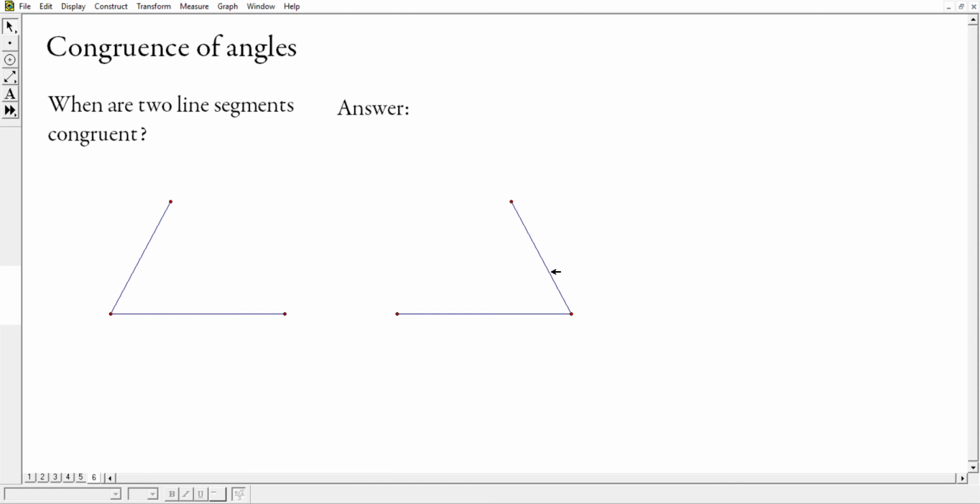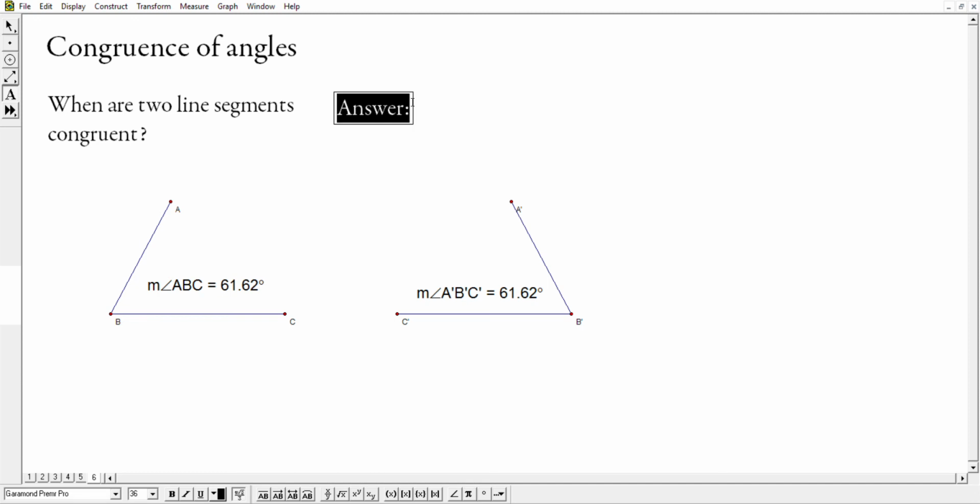Now, these 2 look like they have the same number of degrees, the same amount of turn going from here to here. And I can actually ask Sketchpad, the piece of software I'm working in, to measure them for me. I'll measure this angle. It says this is 61.62 degrees. And I'll measure this angle. It's the same. So these 2 angles are congruent.